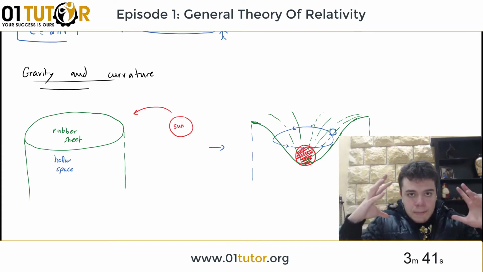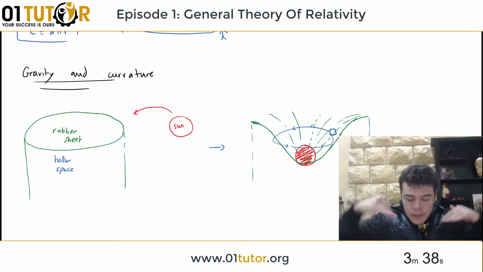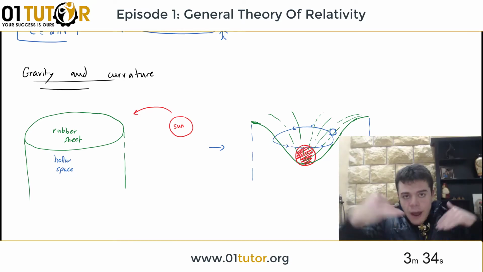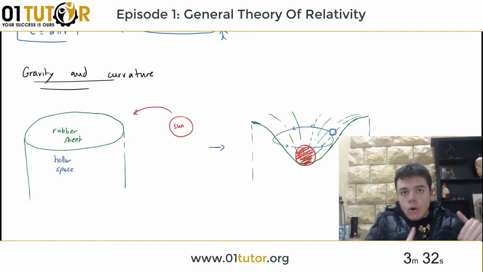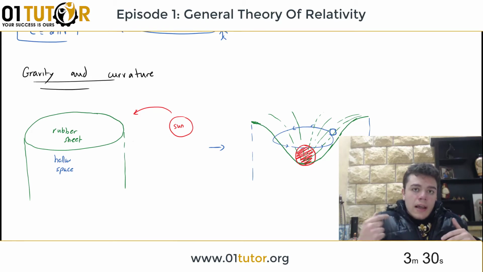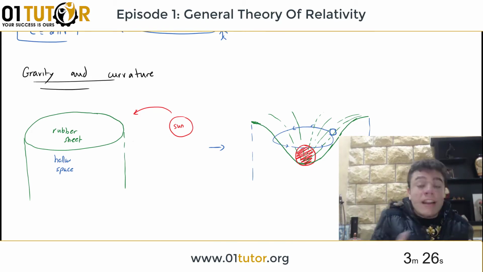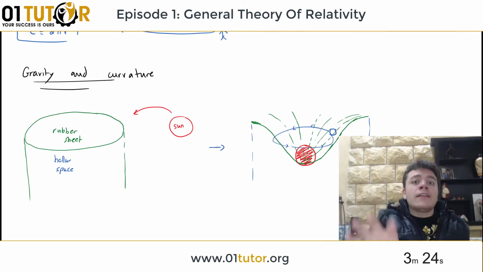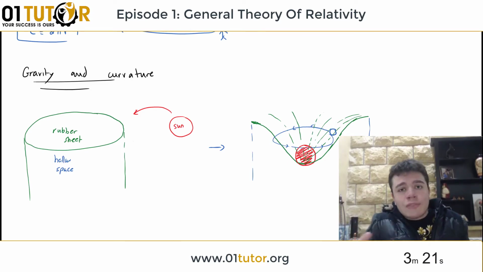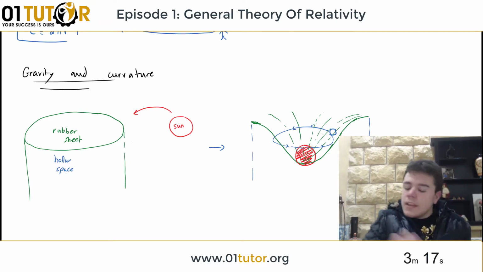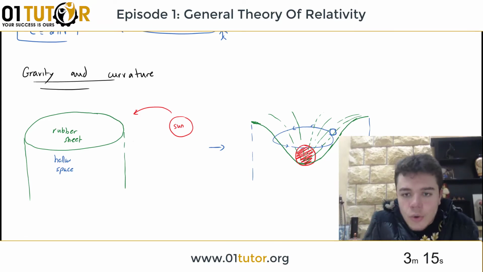So the sun in space creates these fibers that you cannot see, but you can visualize here. These fibers, these warps, as we call them, are the cause for why the earth moves around the sun, and the same principle applies to the rotation of the moon around the earth, in the same exact way.